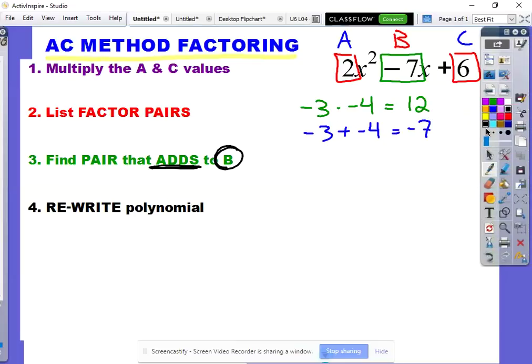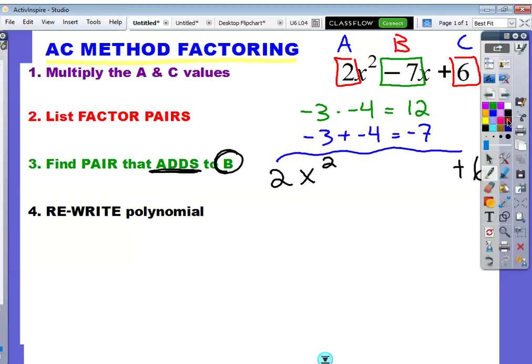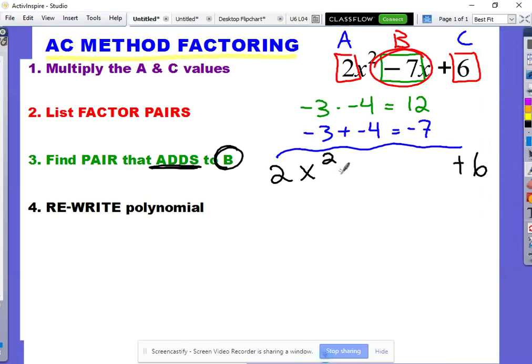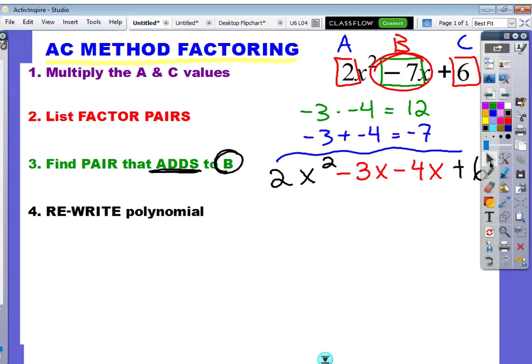All right, so back to step 4. Step 4 is to rewrite our polynomial. Now, what I want you to see is that the first term and the last term stay exactly the same. 2x squared stays the same, and positive 6 stays the same. What changes is our middle term, and the middle term is split into those two factor pairs that we found earlier, negative 3x and negative 4x.